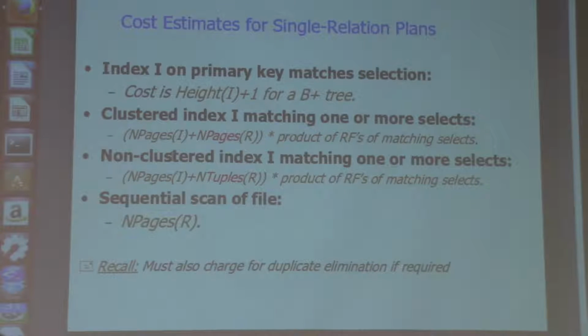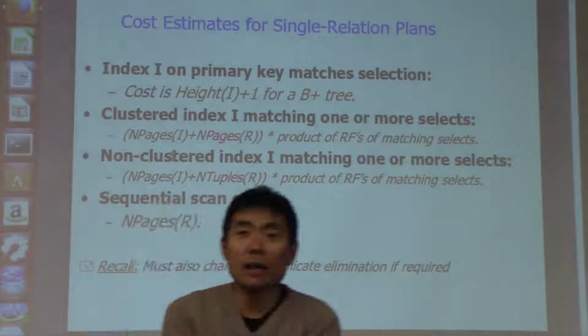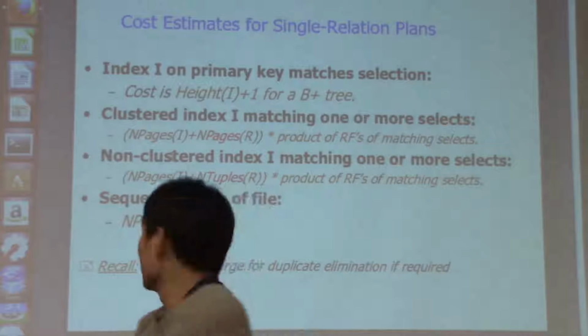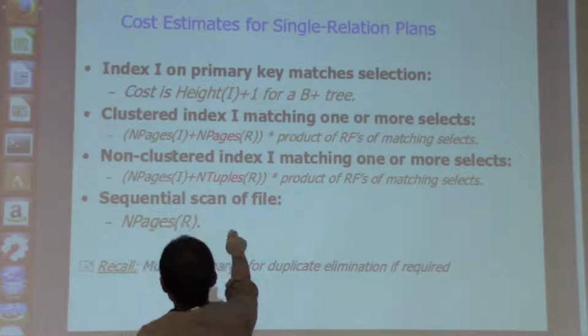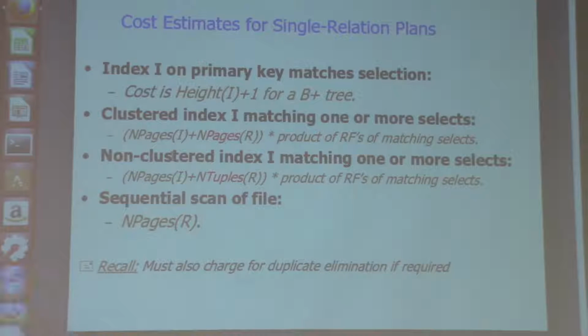If it's a clustered index and you're talking about a range search, then what you're doing is the number of pages in the index plus this times selectivity. You may wonder, isn't it the case that this value should simply be the height of the index plus the number of pages in your file times the selectivity?